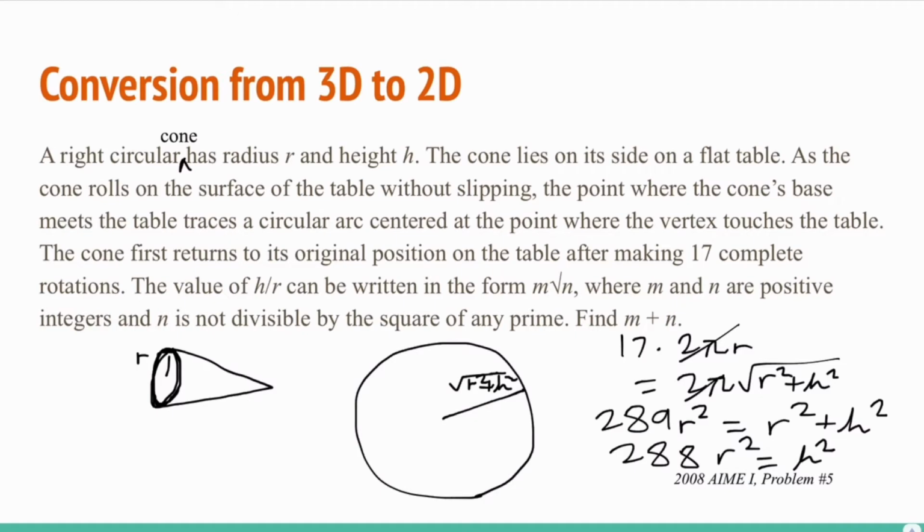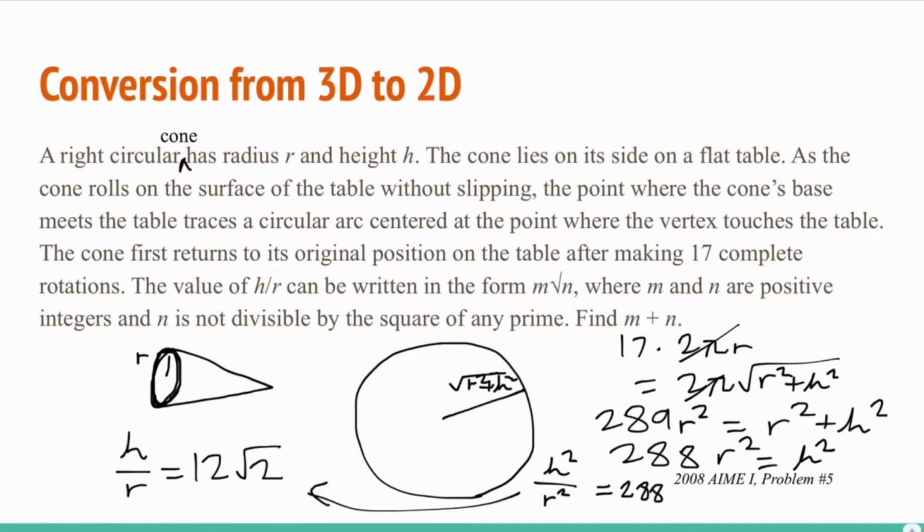And dividing both sides by r squared, we get that h squared over r squared is equal to 288, or h by r is equal to 12 root 2. And we want m plus n, which in this case is 12 plus 2 or 14, which is our answer.